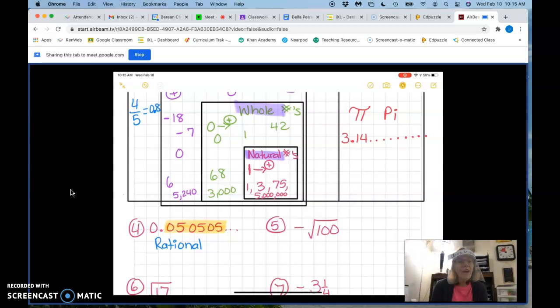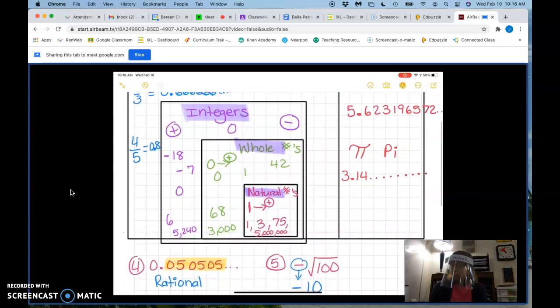Okay, for number 5, now I have to solve it before I can decide where it falls. So what is the square root of 100? Isn't that the square root of negative 10? So the square root of 100 is 10, and because the negative is on the front, I have to bring it down to my answer. Negative 10.